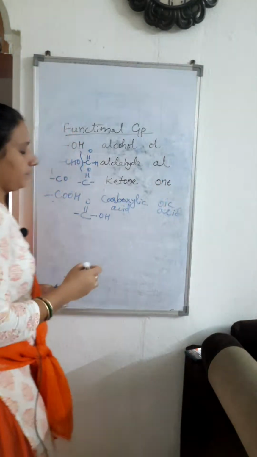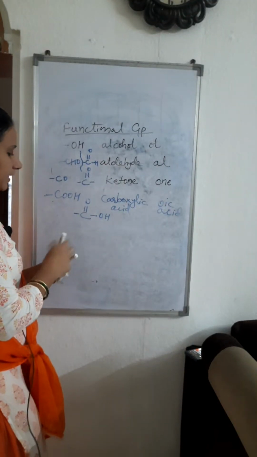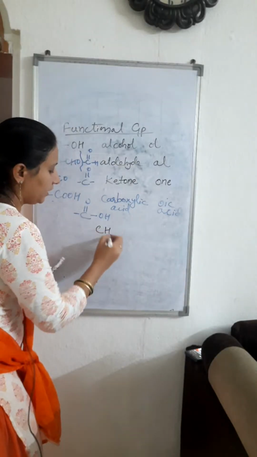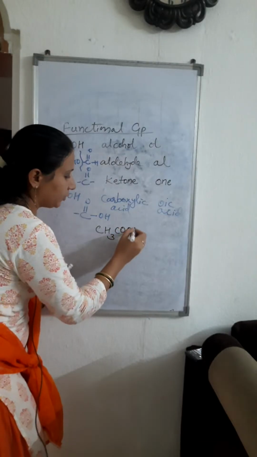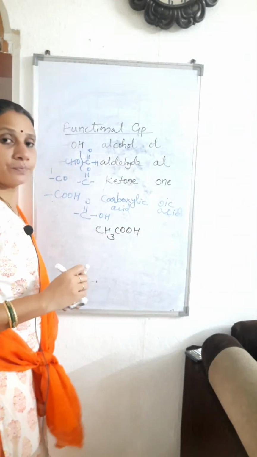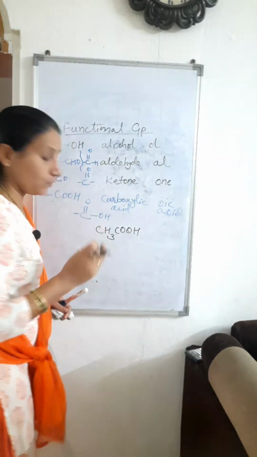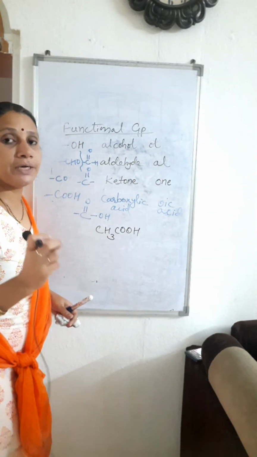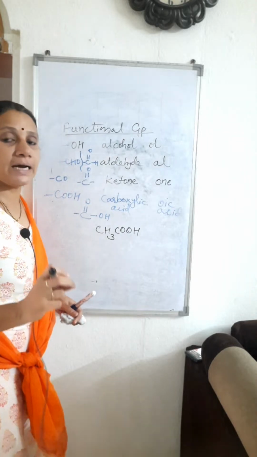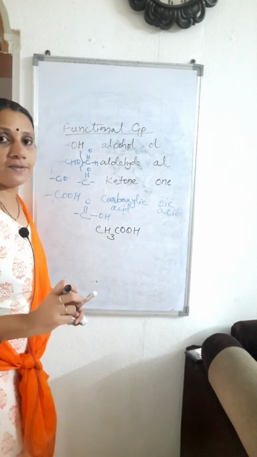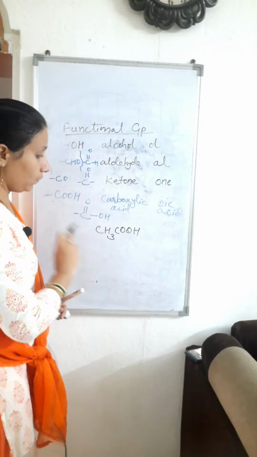Now here, suppose the structure is CH3COOH, how are you going to name it? First of all, I told you to count the number of carbons. Whenever you start naming hydrocarbons, you need to count the number of carbons.